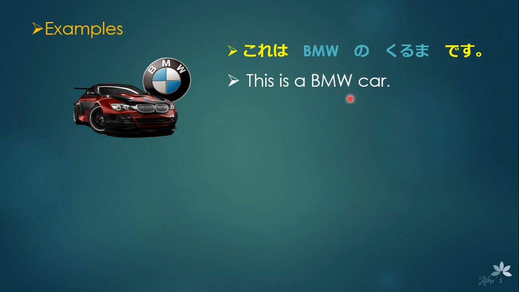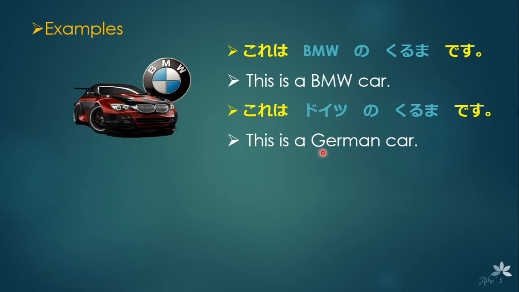So it's a BMW car. We can make another sentence saying これはドイツの車です。Yes, friends, do you remember what is Deutsche? Yes, it is Germany. So this means this is a German car. Now here we are talking about a place, a country. Deutsche no kuruma desu. It is a product of that country.